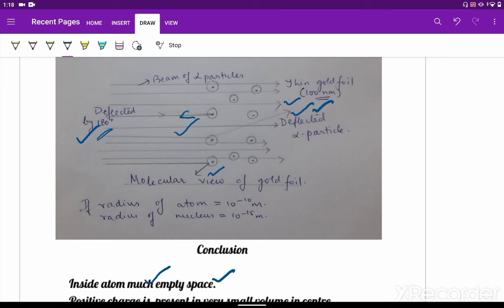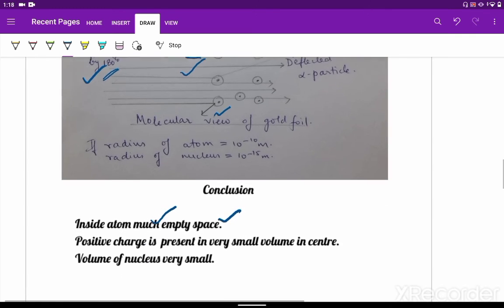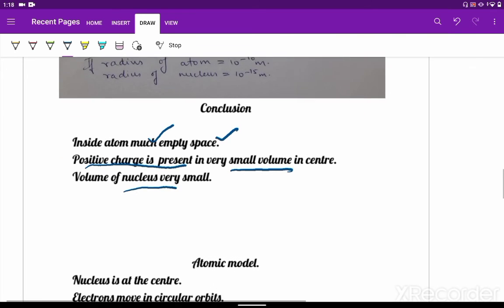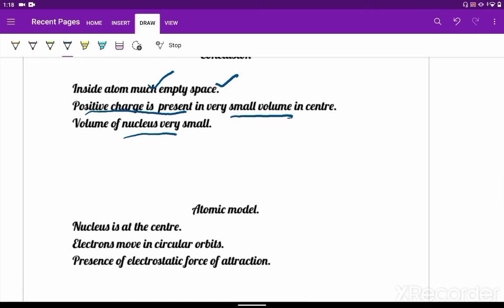They were very, very less in number. So from here we can also conclude that there is definitely positive charge in the center of the atom and it occupies a very, very small volume. That is, the volume of the nucleus is very, very small. Most of the space is empty inside the atom.